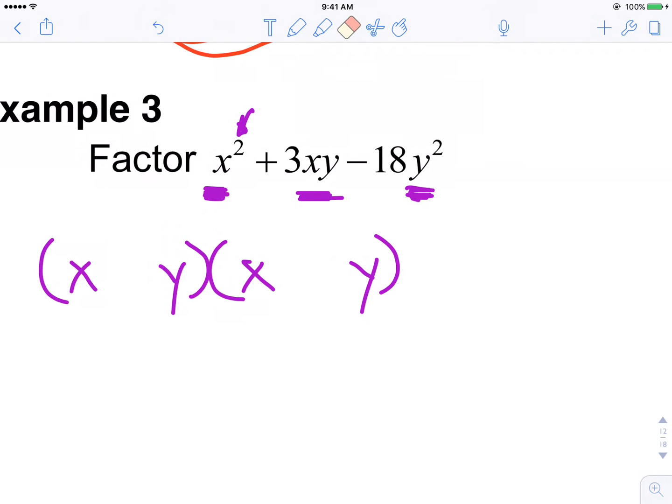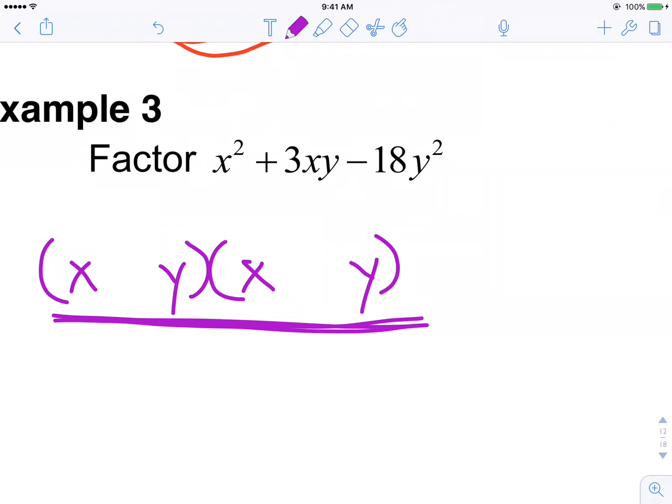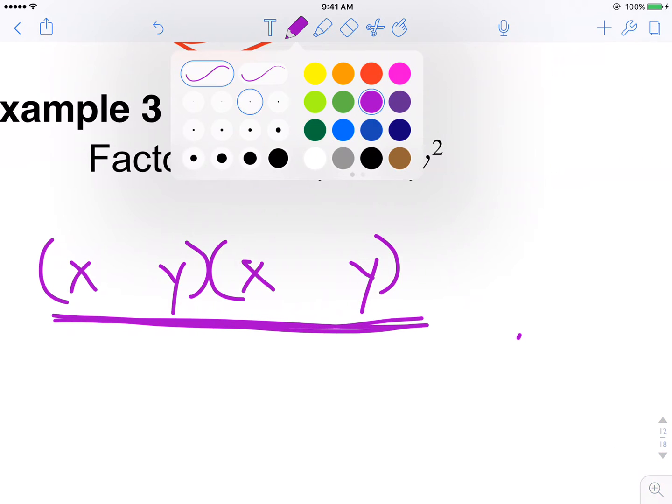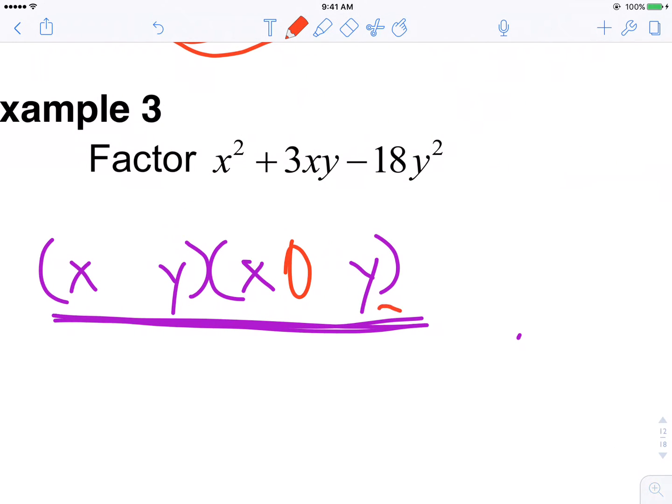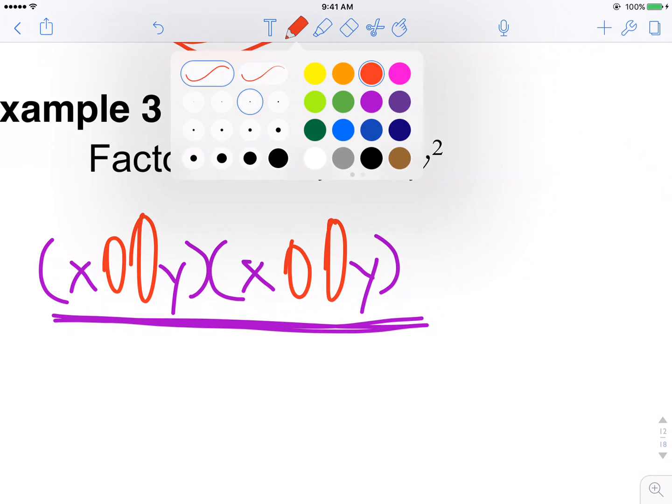So we know that the end form of our factored polynomial is going to look something like this. We just need to figure out what signs, positive or negative, go in here, and what coefficients go in front of the y. So let's have a look at that. x squared plus 3x minus 18y squared.